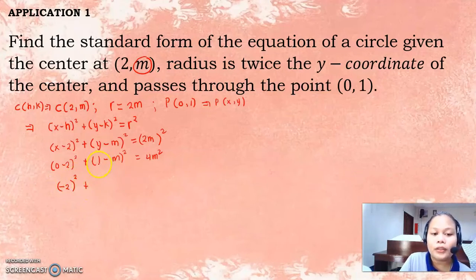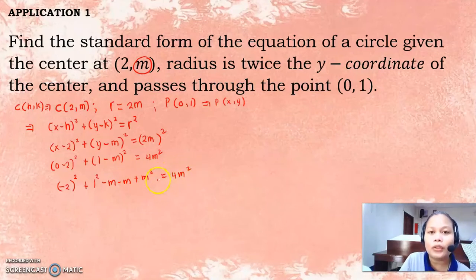So, we are going to apply here the FOIL method for the perfect square binomial. In applying this, we have 1 squared minus 2m plus m squared is equal to 4m squared.